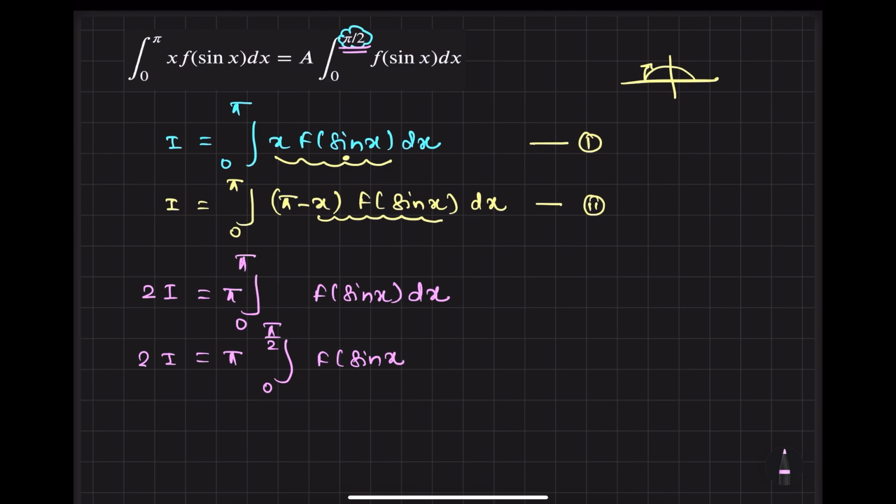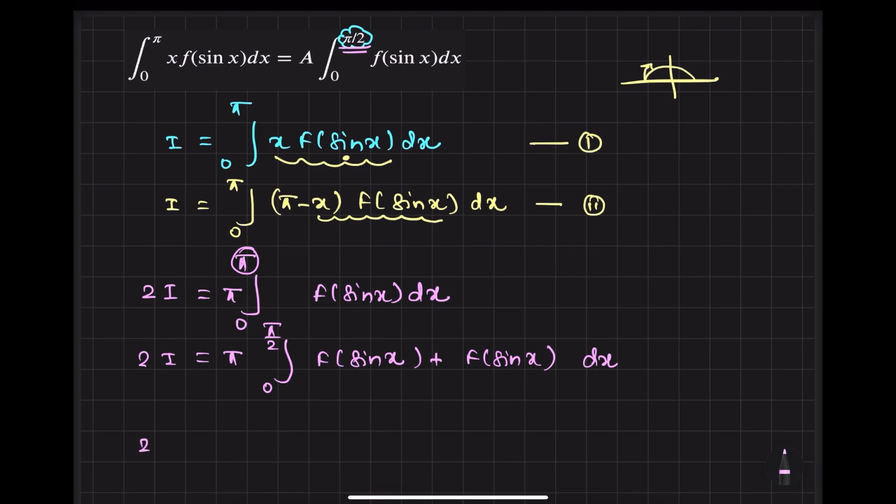This is your sin x, and then plus f of sin of pi minus x. Okay, it is not pi by 2 minus x, so it remains the same, sin x. Sin of pi minus x is sin x only. Done, so both are the same. So we can take 2 common.